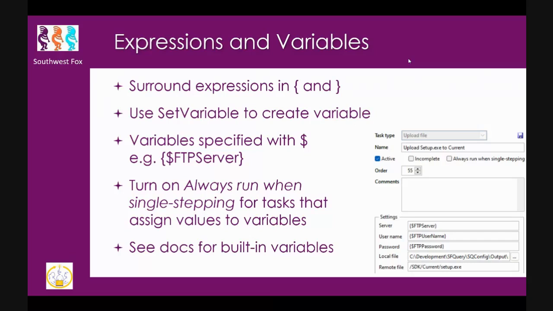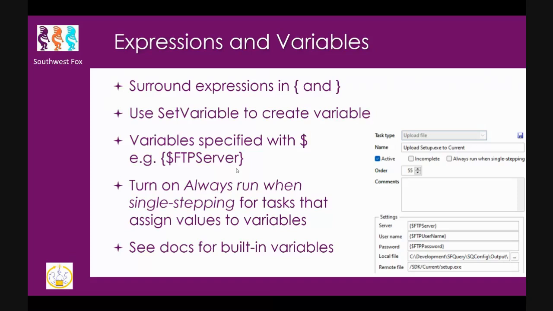So if you're going to specify a variable, you would specify $ sign and the variable name, and you would also put it in curly braces if you're using it as an expression. So you can see that the syntax over at the right there, where the server is specified as an expression coming from the FTP server variable. Now, you'll probably want to turn on always run when single stepping for the set variable statements or tasks that assign values to variables.